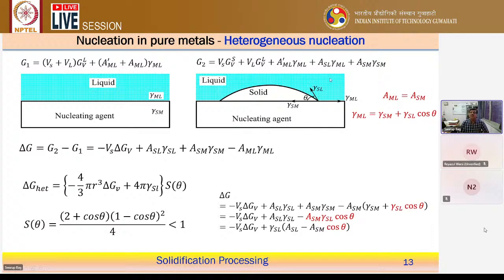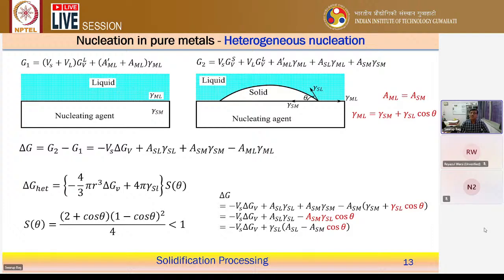And then we can see there is a surface tension between the two media: between liquid and solid, between the nucleating agent and solid, and between the nucleating agent and liquid. So there are three different surface energies because there are three interacting surfaces.